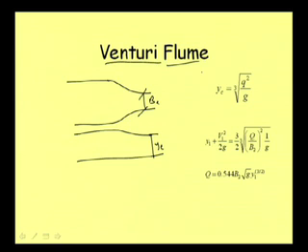What is the advantage of this? Suppose we know this Y1, and we narrow down this width sufficiently to form critical condition of flow at this narrow point. Now, once we are sure that it is critical flow, then we can find out the discharge based on the depth of flow at upstream.